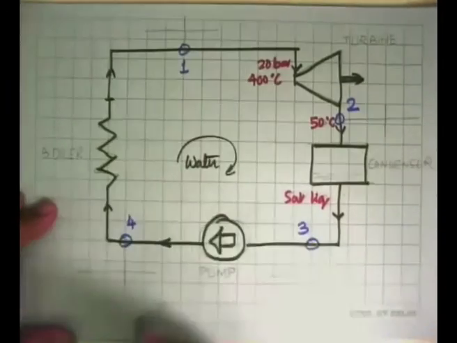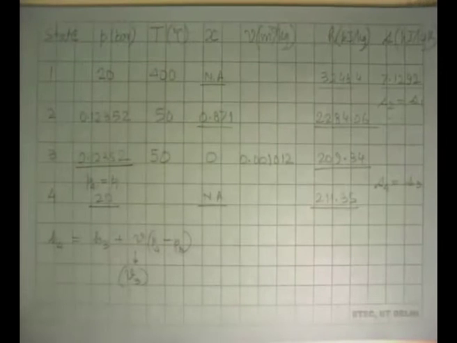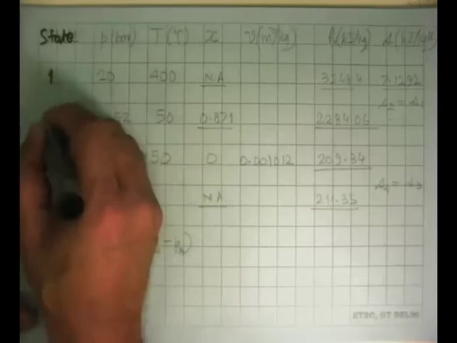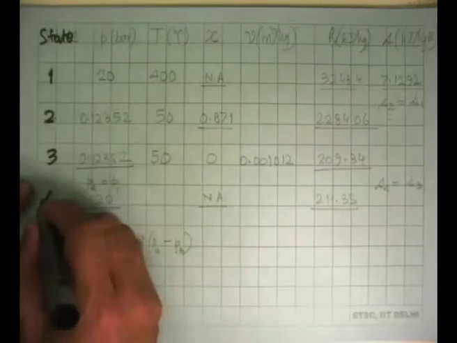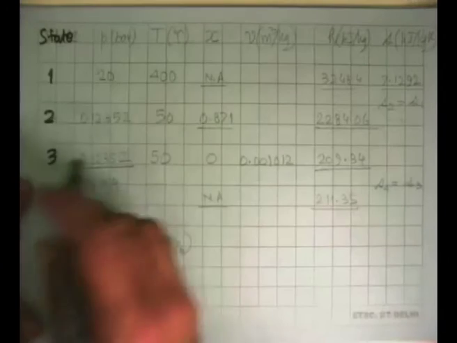And then what we will do is, we will plot all of these into a table. So we make a table where in the first column we write down which is the state point that we are looking at. So we have 4 states, 1, 2, 3 and 4. And beside this we will list all the properties for that particular state.